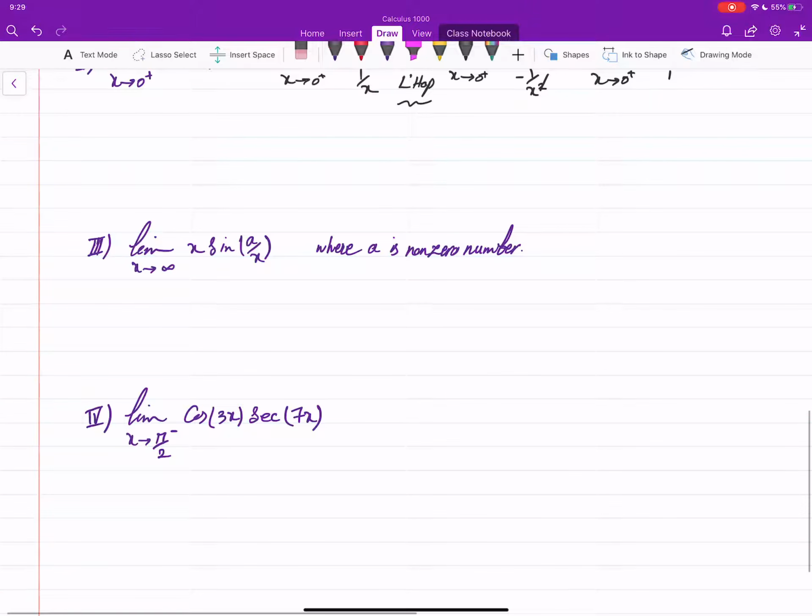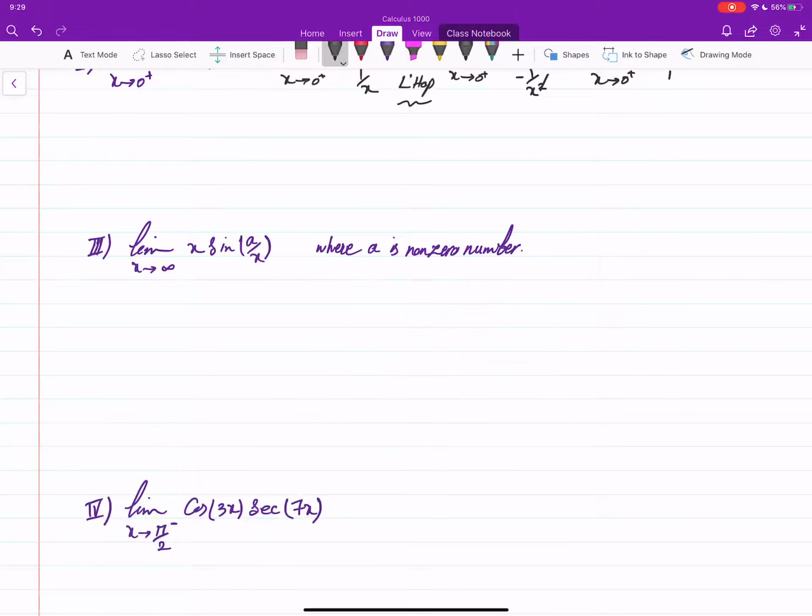Here we have a little bit more general case. I have x times sine of a over x as x goes to infinity. You see, limit of x as x approaches infinity is infinity, and limit of sine of a over x, if a is any non-zero number, then a over infinity, so 1, 2, 3, 10 over infinity is going to be 0.